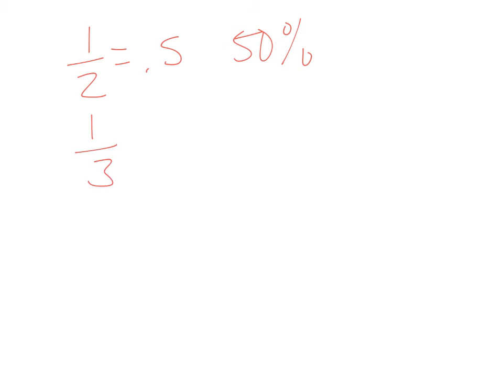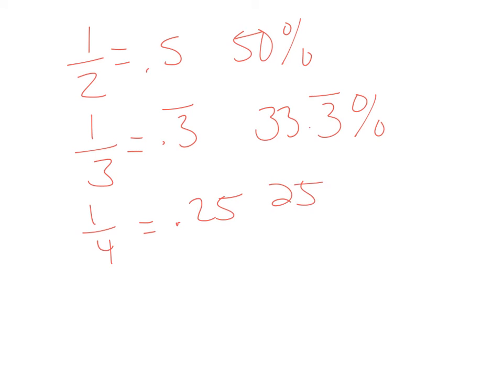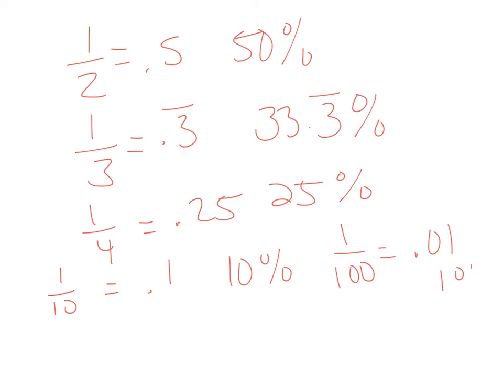A third is 0.3 repeating, or 33.3% repeating. A quarter is 0.25 or 25%. 1/10 is 0.1 or 10%. 1/100th is 0.01 or 1%.